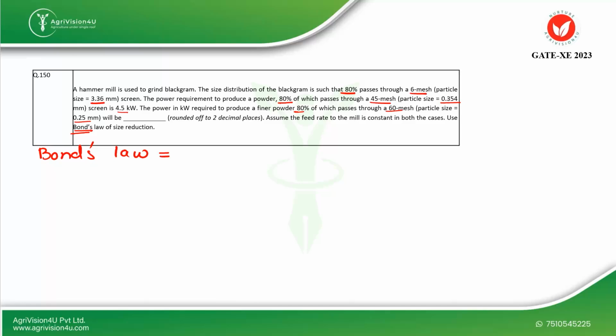That means P is equal to K into (1 by root over D2 minus 1 by root over D1). So what is P over here? It is the power required. K is the constant of the material. D2 is the final particle size, and D1 is the initial particle size.